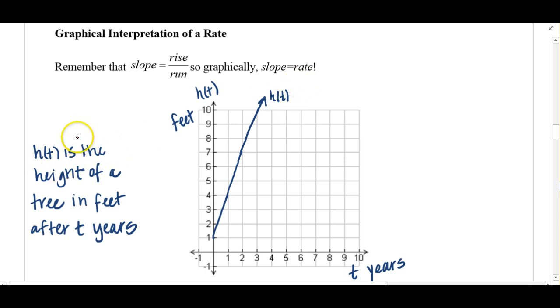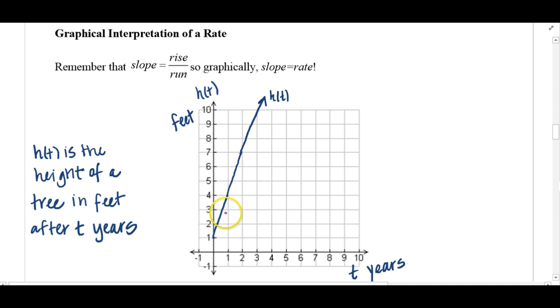So before I look at the graph, I want to define what I graphed. I defined a function called h of t. And h of t is going to represent the height of a tree in feet after t years. So this function h of t allows us to plug in years into it, and what it's going to output is the height of a particular tree in feet.